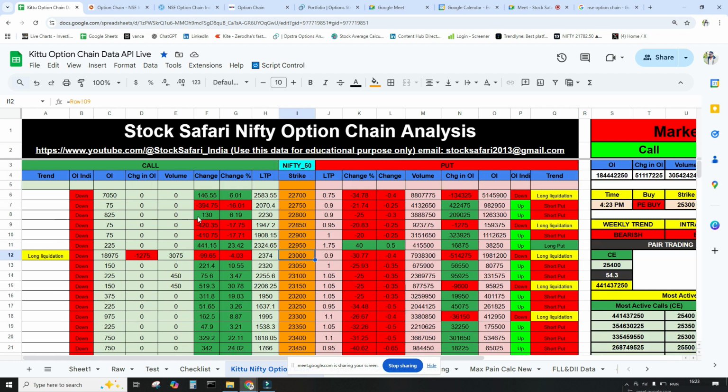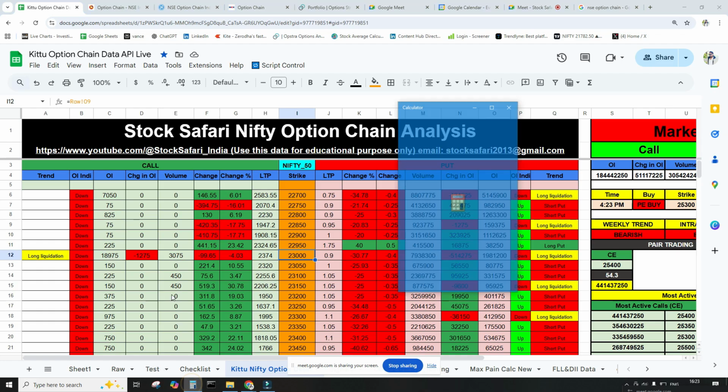But when it comes to this segment, as I told you, these are the deep in the money contracts where we will be having a liquidity crunch. So very less liquidity, and as you can see here, the total contracts itself is around 18,975.